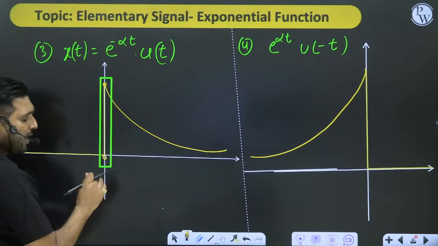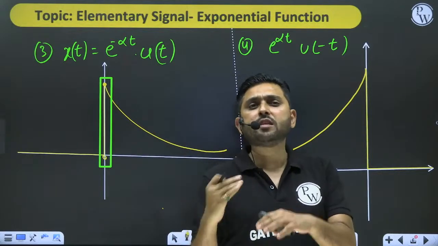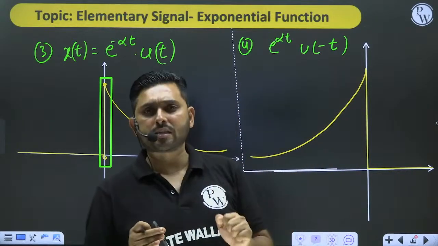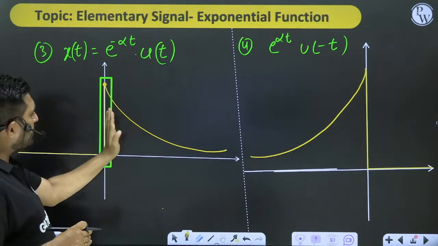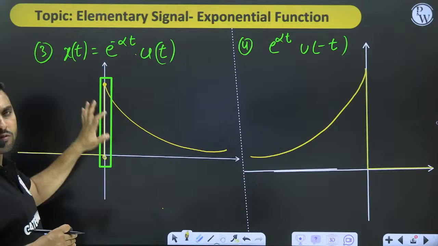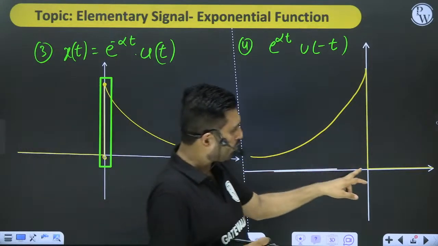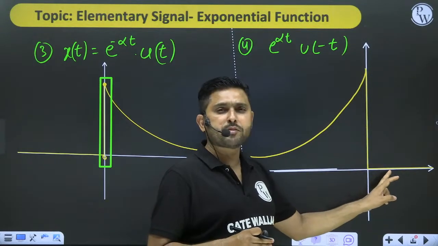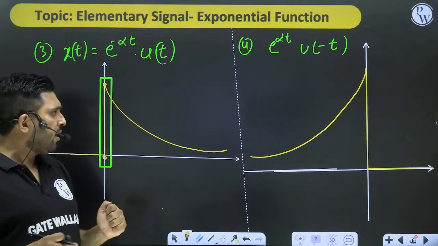I told you that at the point of discontinuity, the functional value is the average of the value before and after discontinuity. So before discontinuity it is 0, after 0 plus, the value is 1. So 0 plus 1 by 2 is 1 by 2. Same here also. Before discontinuity it is 1, after discontinuity it becomes 0. So 0 plus 1 by 2 is nothing but 1 by 2 again.